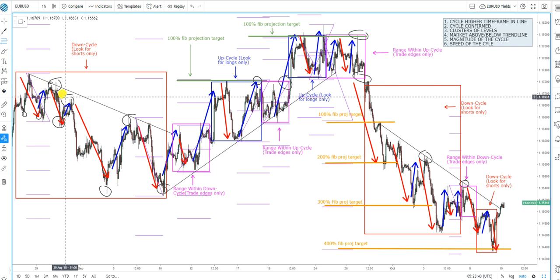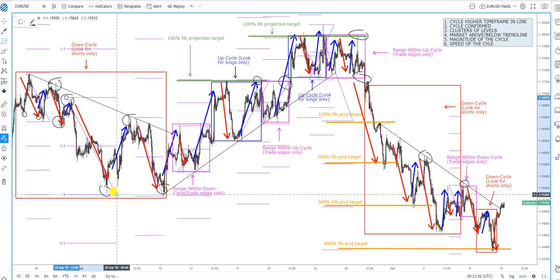Here's where my kind of exceptional way of looking at the charts comes in. I drew a Fibonacci retracement, and as long as it doesn't make it to the 50, and be reminded that in this exercise I've been extremely detailed, so if it doesn't make it by 1 or 2 pips, I don't consider that to be a valid swing high. That's up to one's interpretation.